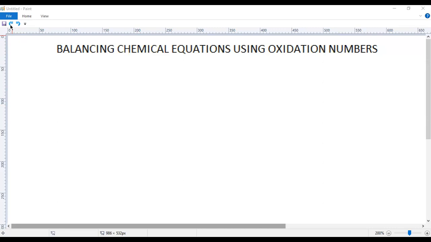The second point is this part always comes in exams. And third point is there are chemical reactions which cannot be balanced using simple observation methods. We need to use oxidation numbers to balance chemical equations.